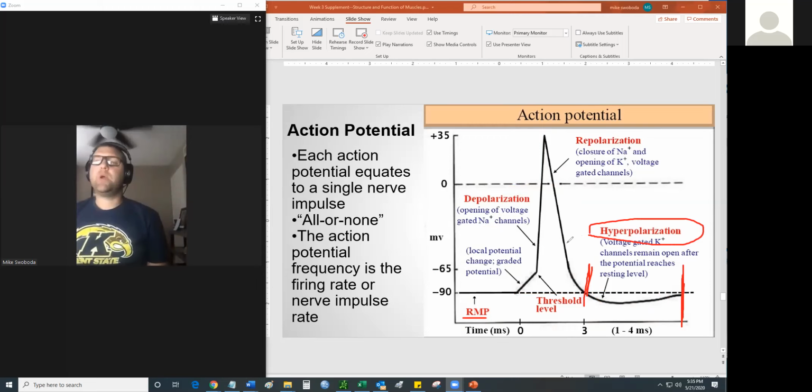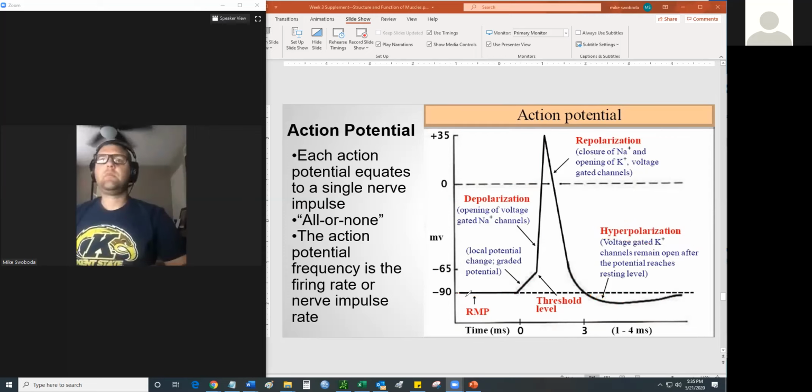You cannot have another nerve impulse because you have to wait until the nerve's electricity levels get back to their resting level. Once they get back to that resting membrane potential, now you are able to have another action potential. During this, when you're below that, you cannot have another action potential.